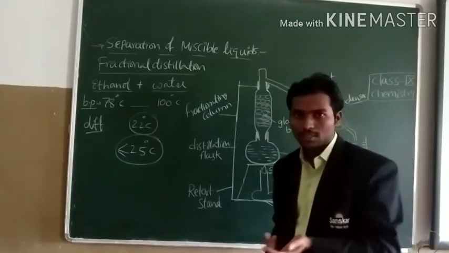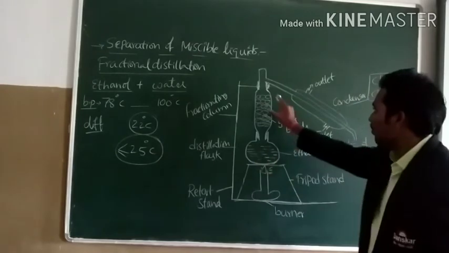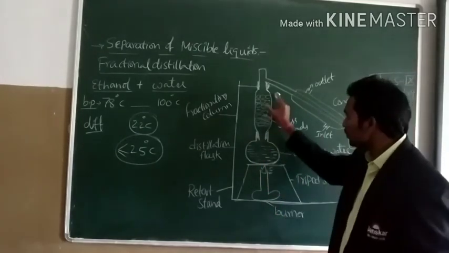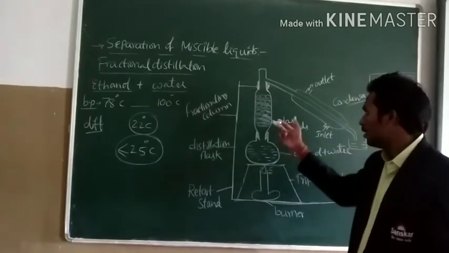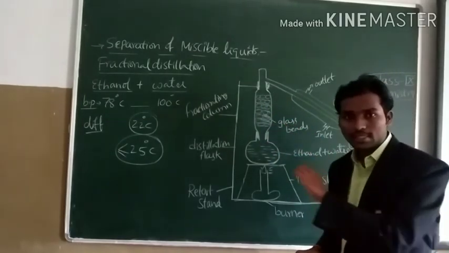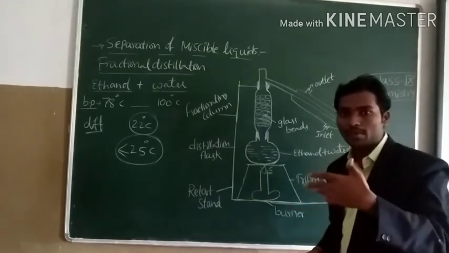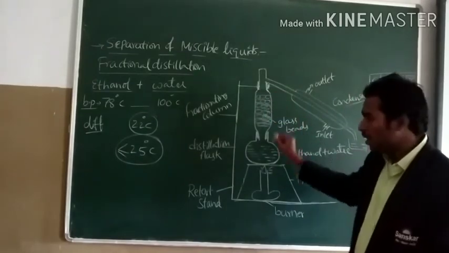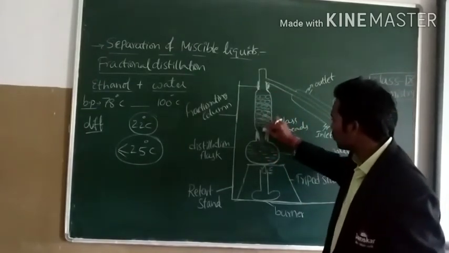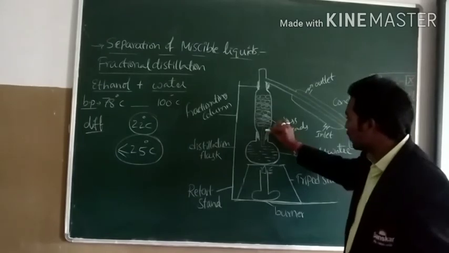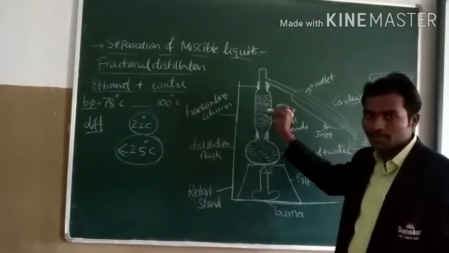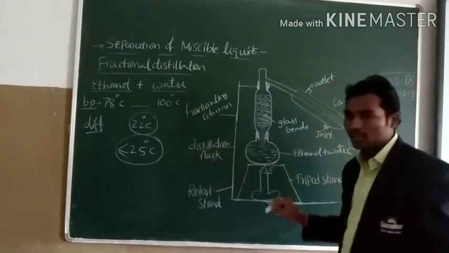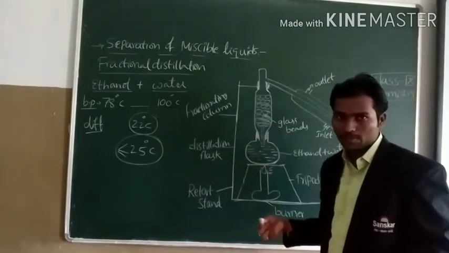To avoid that problem, we place a fractionating column, because it is a glass tube made up of glass beads. These glass beads provide a number of free surfaces. On heating, the liquid changes to vapor state. This vapor sticks to the glass beads and again comes back to liquid. It takes place a number of times.